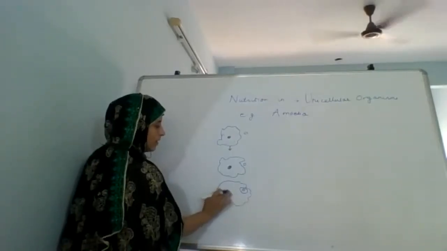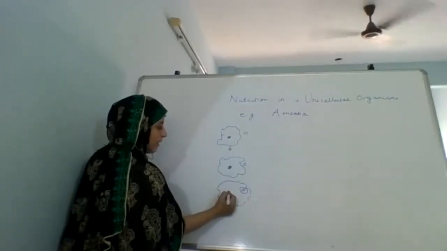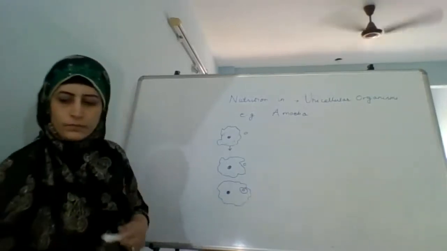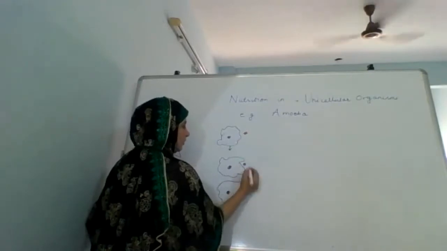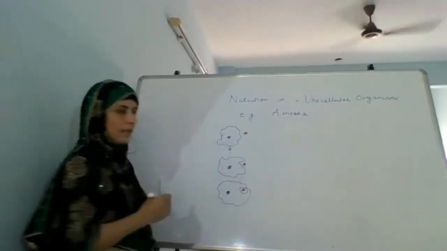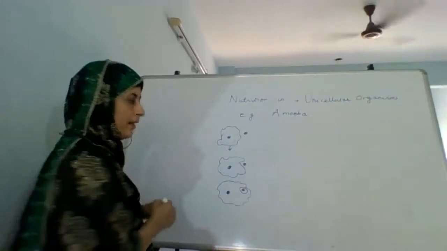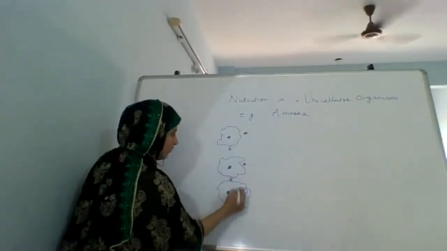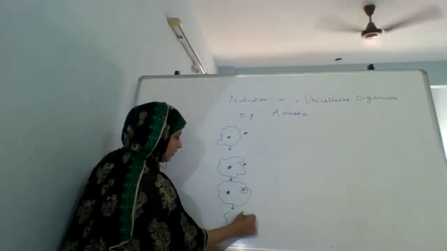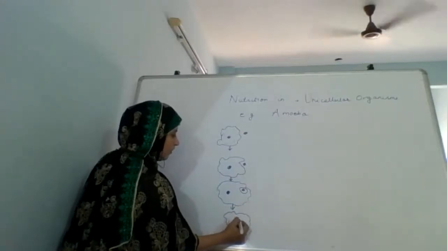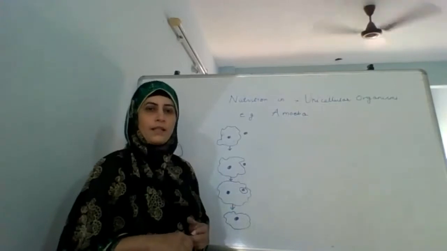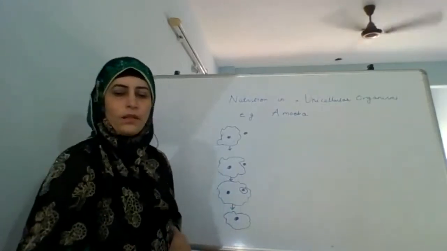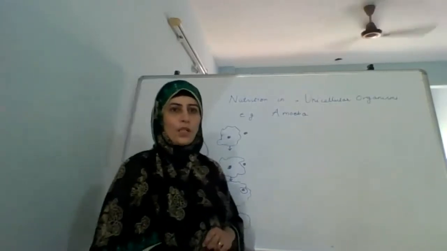This is the nucleus, and that is the food. Color it. And then it absorbs that food completely. And the unutilized food is thrown out of the body. That's it. That's the whole process that takes place in the case of unicellular organisms.